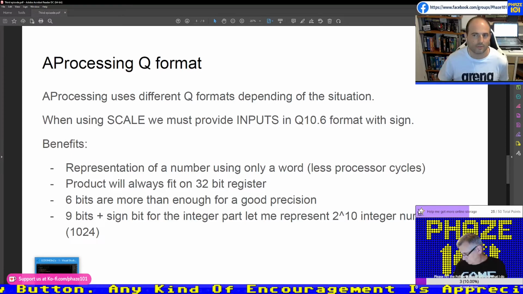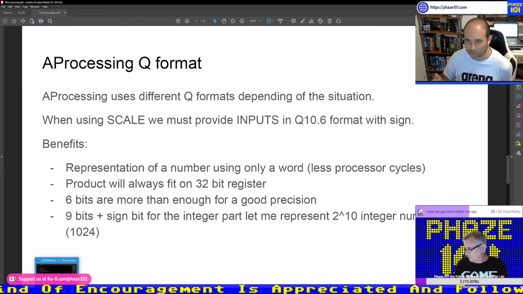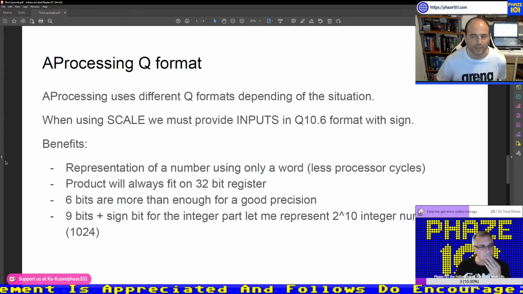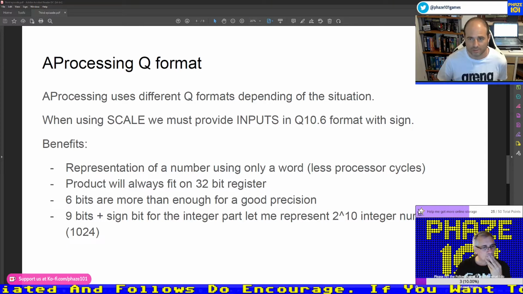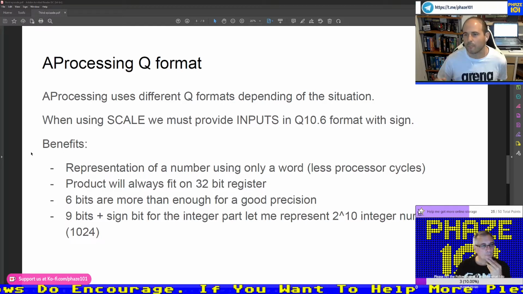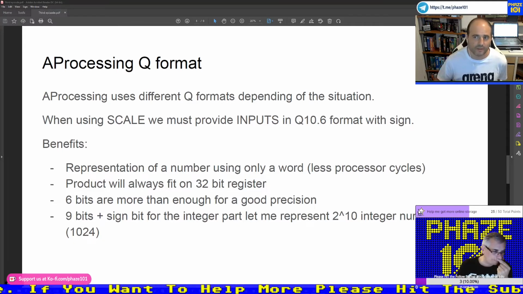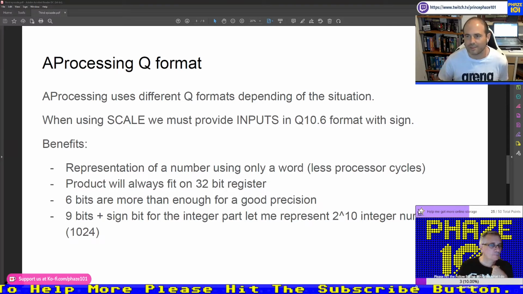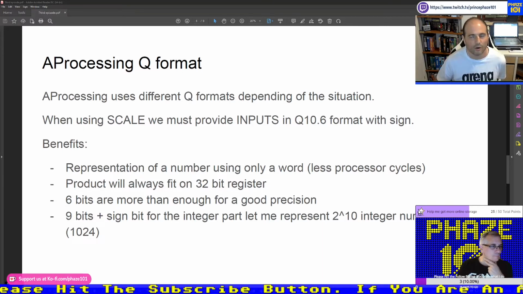So I have to provide my routine all these different numbers according to the situation, and so I need to represent signed numbers, decimal numbers and integer numbers. And it's better to represent them in words because I will perform multiplications. Since I know that if I multiply two words, the final result will fit in, for example, a D0 register because it's 4 bytes, I won't get any overflow.